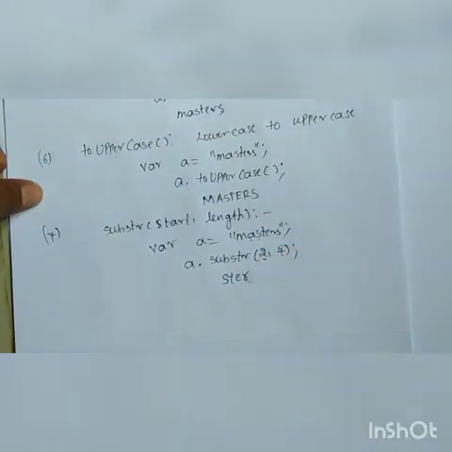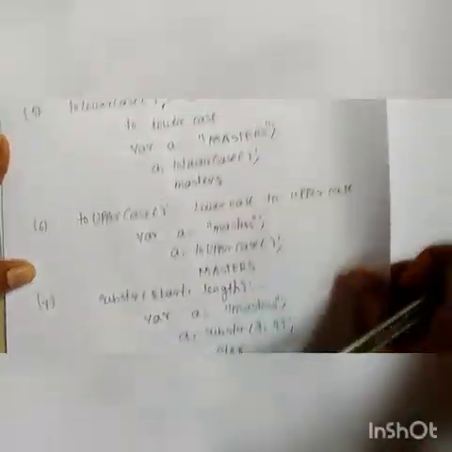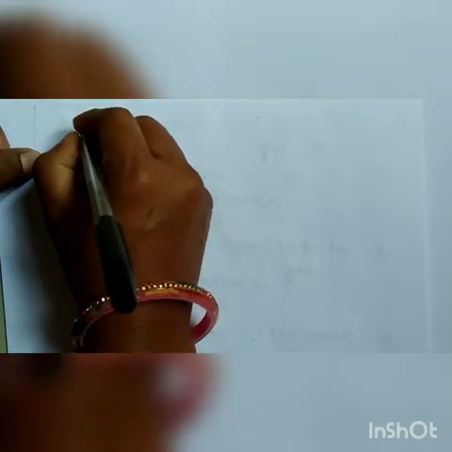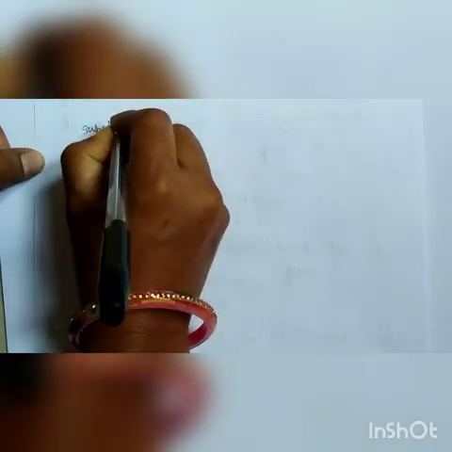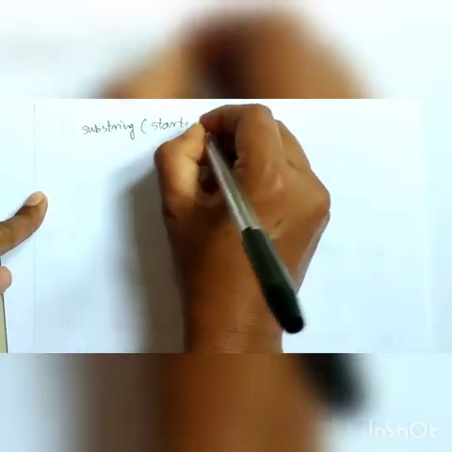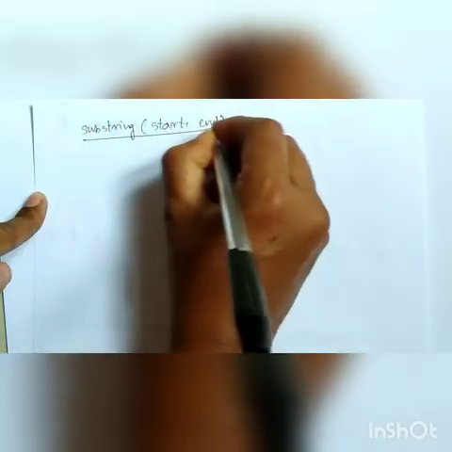And the next method is the substring method. The substring method takes two arguments. First one is start, next one is end.